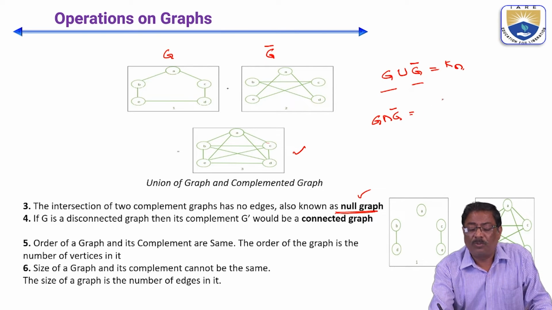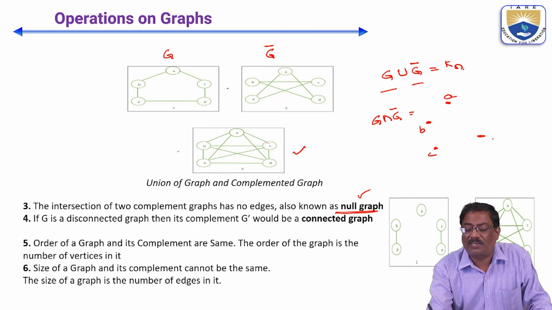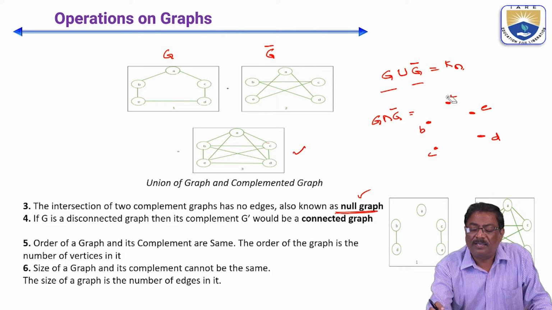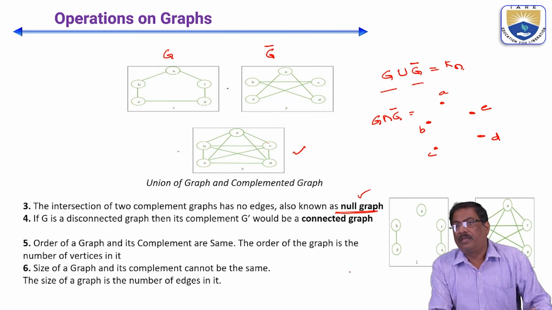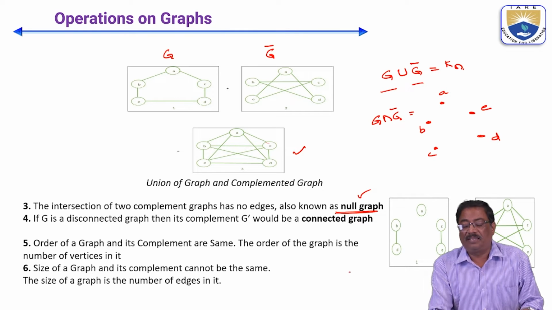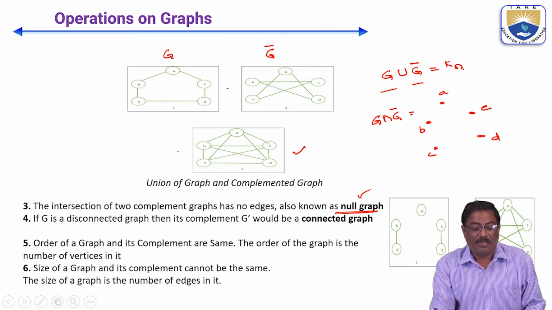We get vertex A, vertex B, vertex C, vertex D, and vertex E. So we get a null graph. That means only vertices are there and there is no edge. So the intersection of the graph and its complement is nothing but a null graph.